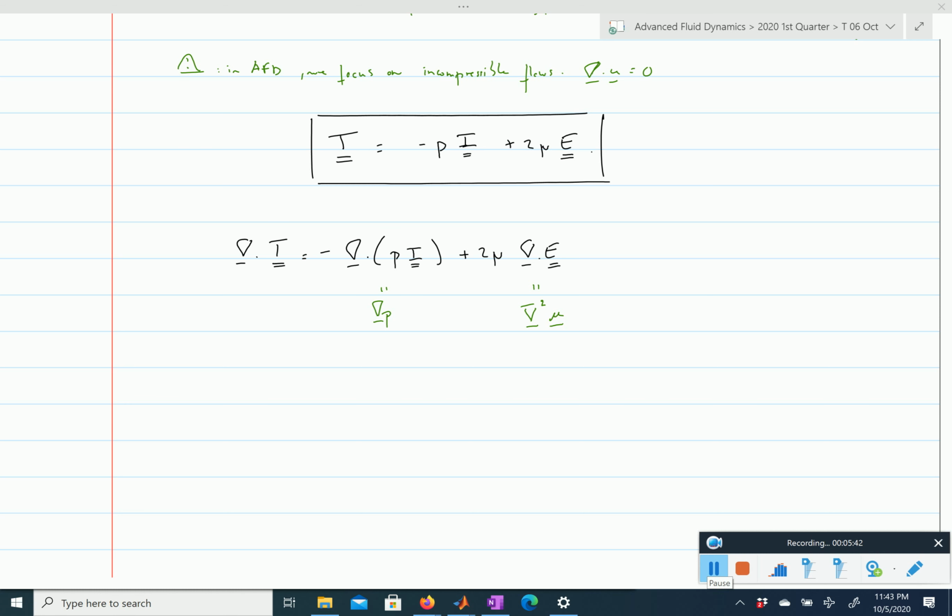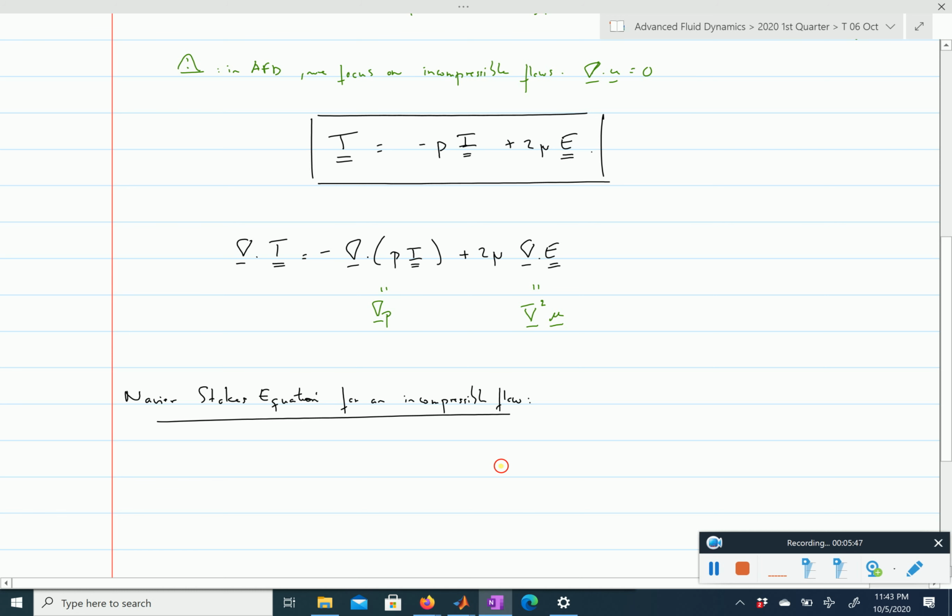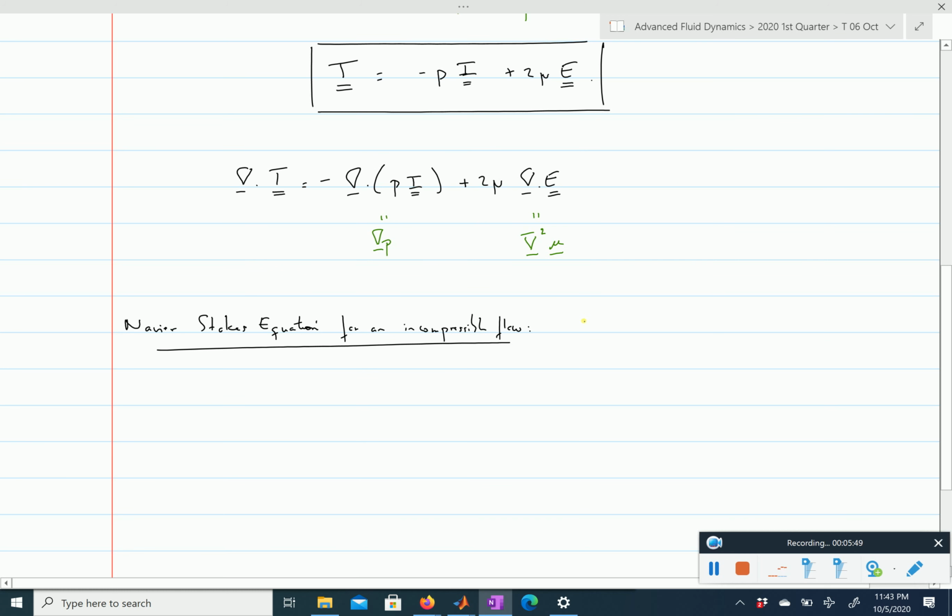So finally, we can write our Navier-Stokes equations for an incompressible flow. Mass conservation takes the form of the continuity equation, which for an incompressible flow reduces to the incompressibility condition, divergence of u is equal to 0.